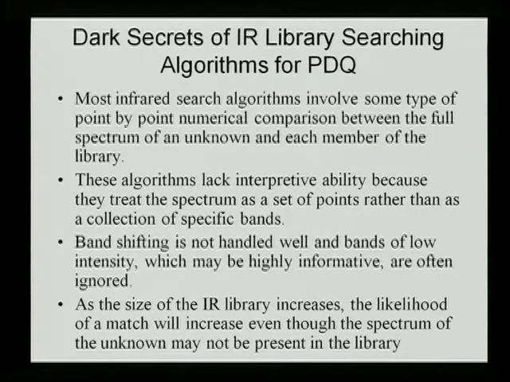There's another problem, and this was pointed out by Peter Griffiths in the early 1990s. As the size of your IR library increases, the likelihood of a match will also increase, even though the spectrum of the unknown may not be present in the library. We're going to address all these problems today through the use of search pre-filters.